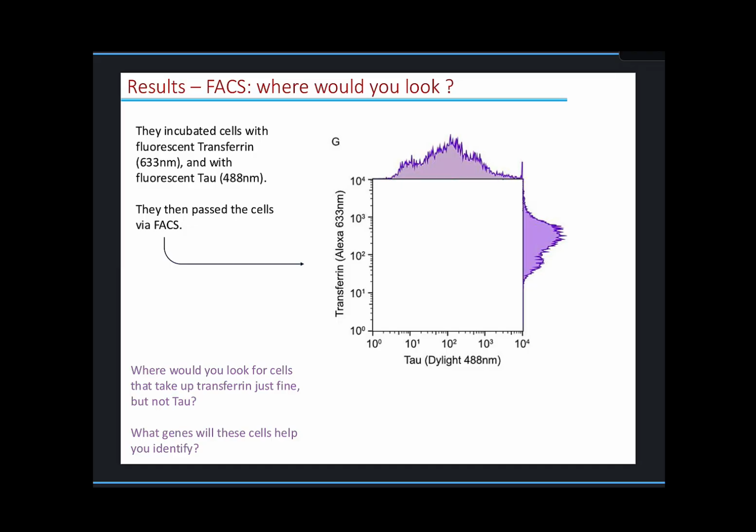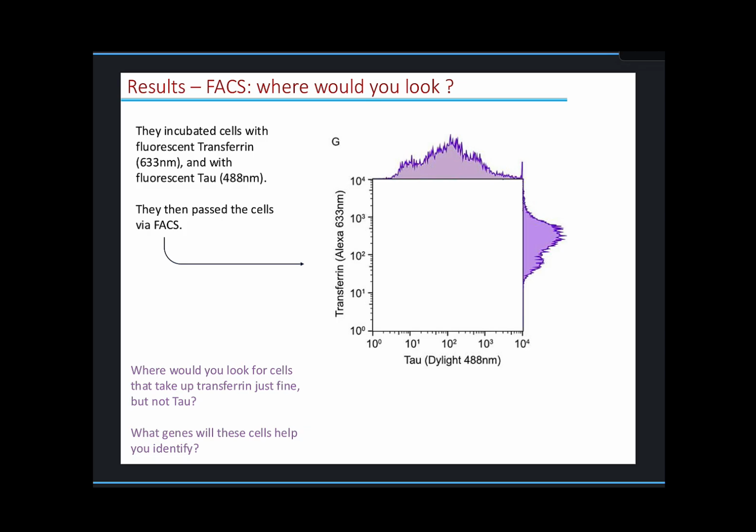And then they would ask the question by fluorescence activated cell sorting, how many of these cells are taking up both, how many of them are taking up neither, and how many are taking up either of them, right?